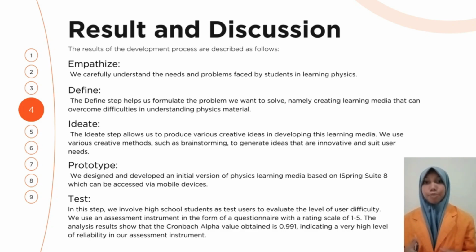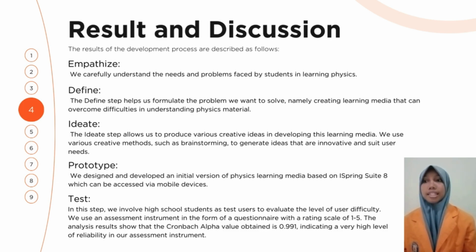For the next is prototype. We designed and developed an initial version of physics learning media based on ISpring Suite 8, which can be accessed via mobile device. For the last is test. In this step, we involve high school students as test users to evaluate the level of user difficulty.